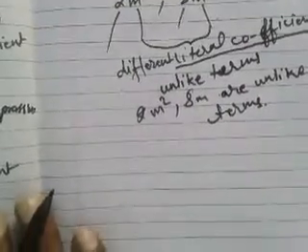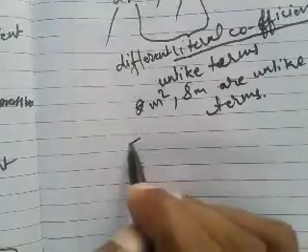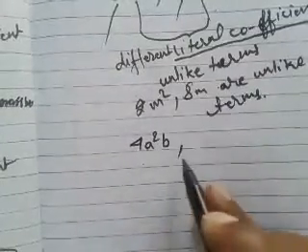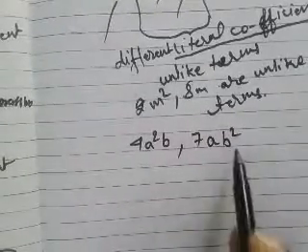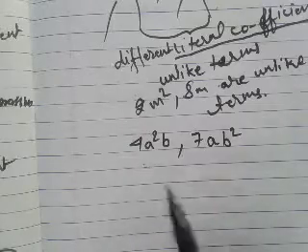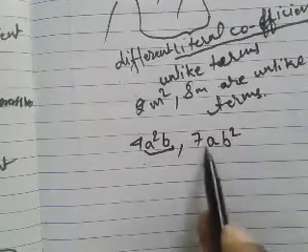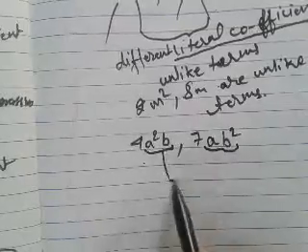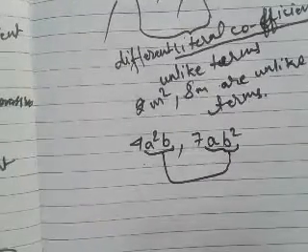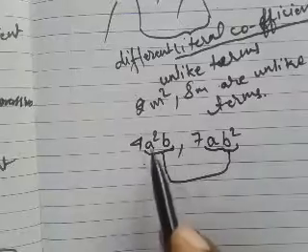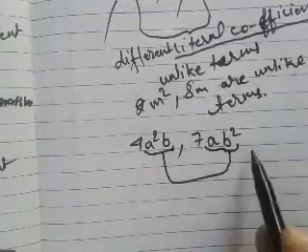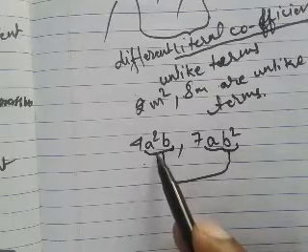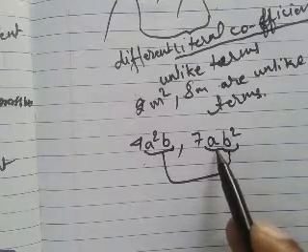So let us take another example. Suppose this time we have 4a square b, and another term 7ab square. Tell me, are these like terms or unlike terms? Examine the literal coefficient of both terms. Here a square b and here ab square. Both are different, because here a is used 2 times and here a is used only 1 time.